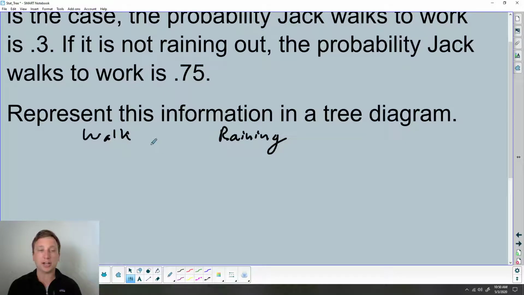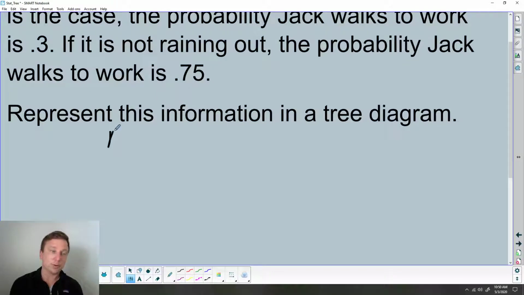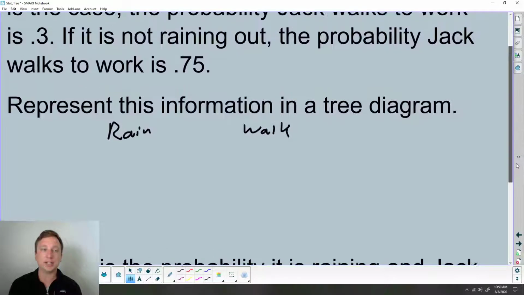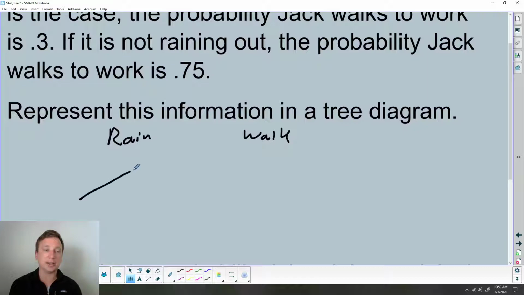Let's flip that actually. Raining impacts him walking to work or not. There we go. So raining outside decides if he walks to work. When we build a tree diagram here, two things can happen with rain. It can either be raining or it is not raining outside.